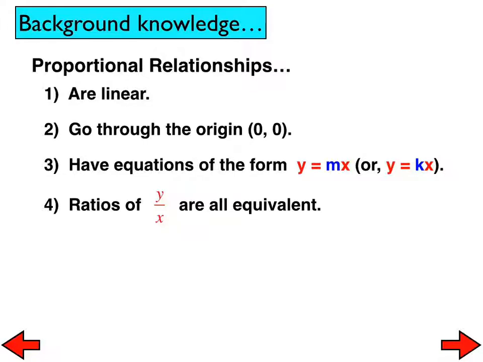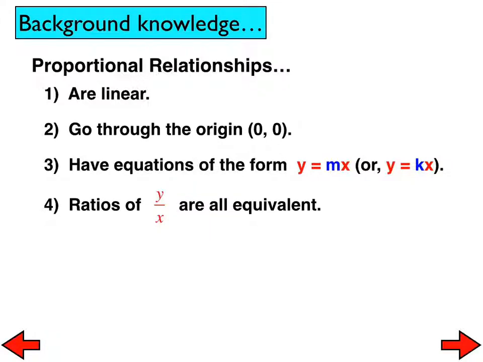And the other idea here, and I would like you to add this somewhere in your notes about proportional relationships, is that their ratios of y over x are all equivalent. I talked about those first three in detail yesterday, but the other piece of it is that the ratios of y over x are all equivalent.